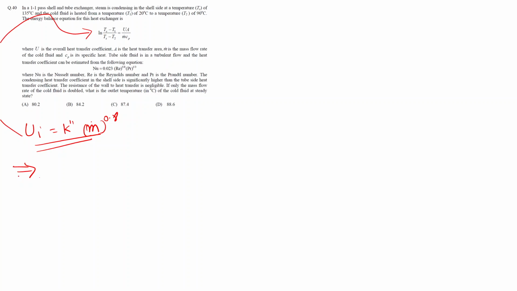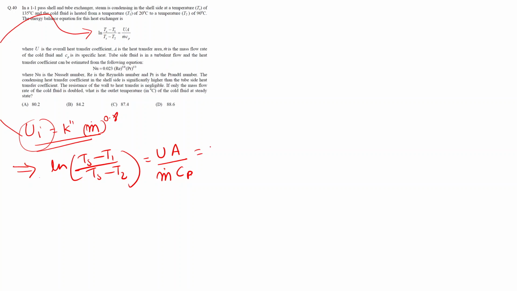Now, this equation is ln of (Ts minus T1) upon (Ts minus T2) is equal to UA upon m dot Cp, and here we know that U is proportional to m dot raised to 0.8, so we can write it as k double dash m dot raised to 0.8 into area upon m dot Cp.